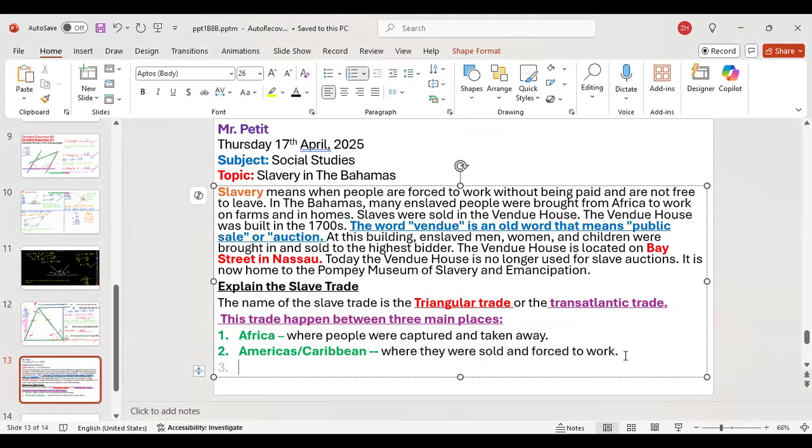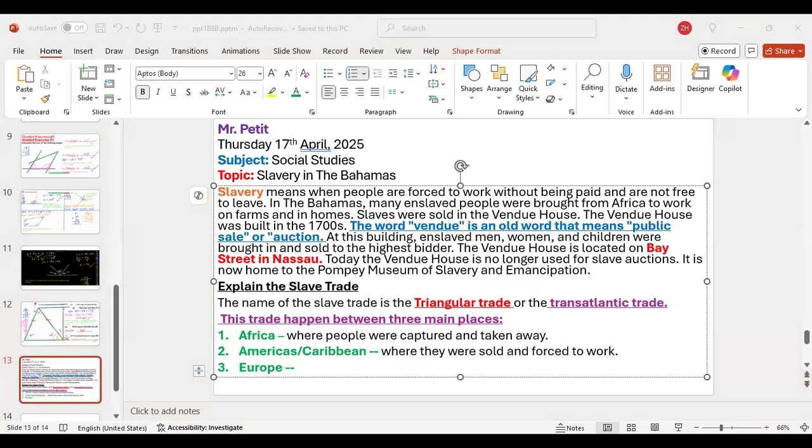And then you have Europe. All of the goods that they make, they would send to Europe. Whatever the slaves make, like the sugar, the cotton, the tobacco, that is what's sent to Europe.